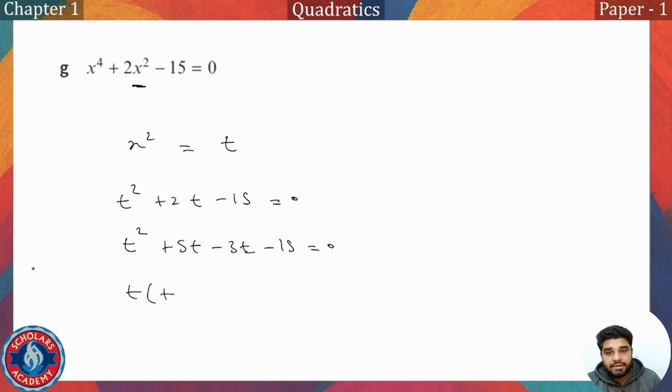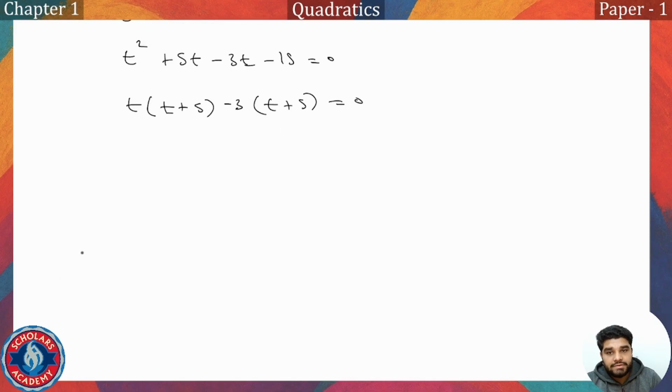Taking t common, t plus 5, and taking minus 3 common, t plus 5 is equal to 0. So we get t plus 5 and t minus 3 is equal to 0. This gives us t is equal to negative 5 or t is equal to 3.